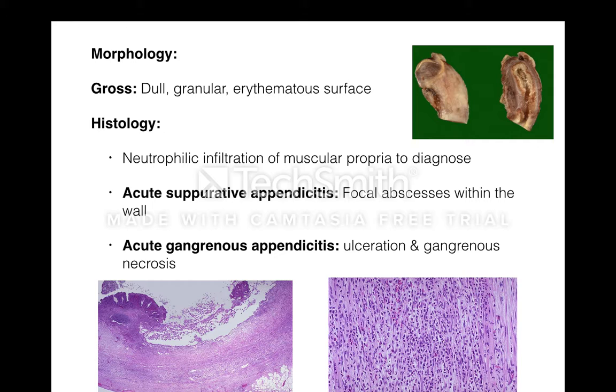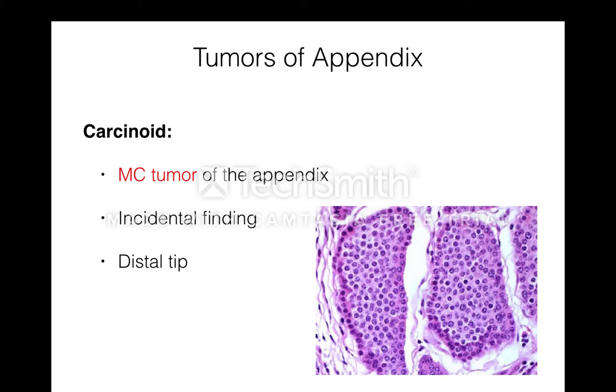In more severe cases, you can actually get focal abscesses within the wall, and then this is called acute suppurative appendicitis, and this could even progress to large areas of hemorrhage and ulcerations, or even gangrenous necrosis that extend to the serosa, and this would result in acute gangrenous appendicitis, and after this, you can get rupture and the suppurative peritonitis complications we mentioned.